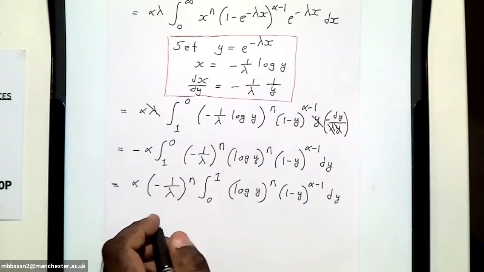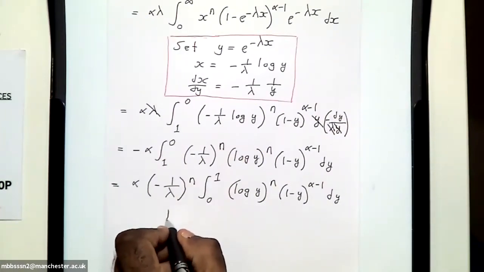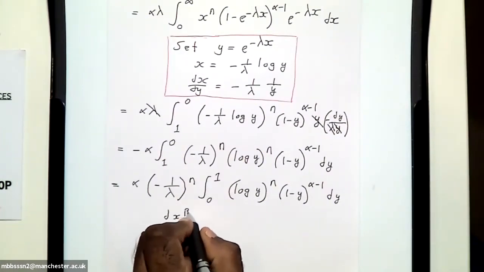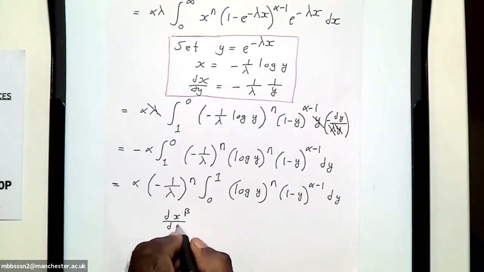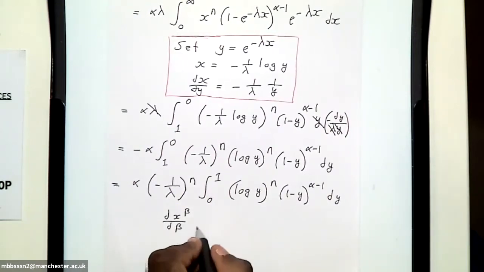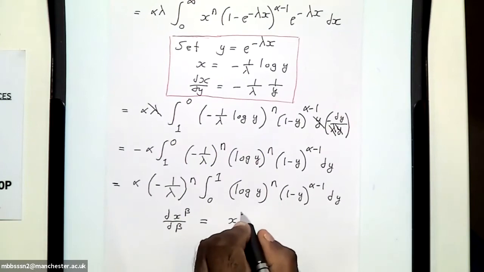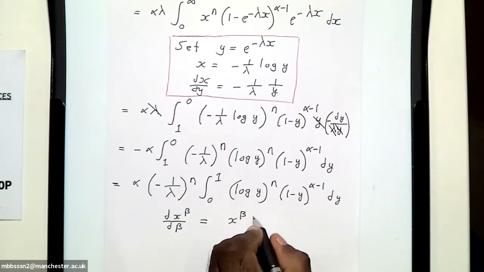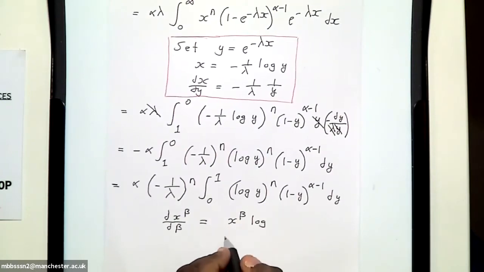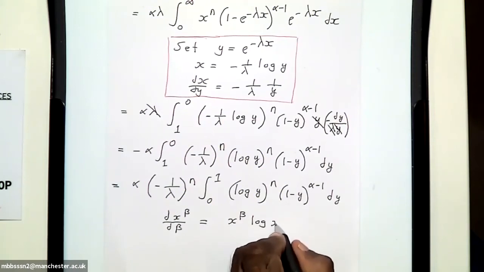That you can write, if you have something like x to the power beta and you're differentiating with respect to beta, then this is, I think I mentioned this before, x to the power beta times log of x, right?